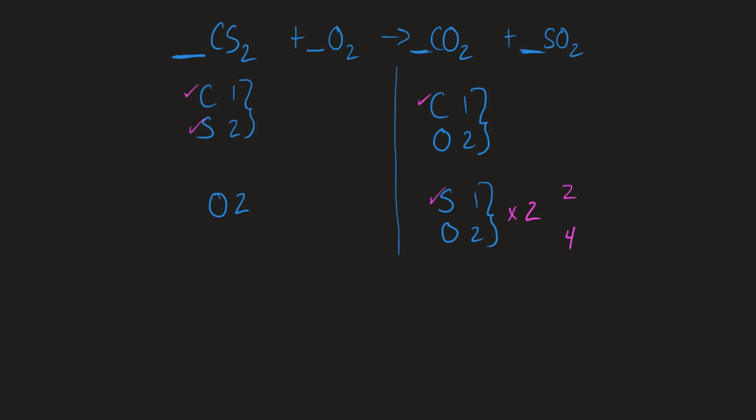If I have a total of 6, that means I probably am going to need a coefficient of 3 here to get me 6 oxygen on the left side. So now when I put the coefficients in, I'm going to put the 3 and the 2 in. The 3 goes up here with the oxygen, and the 2 goes up here in front of the sulfur dioxide, and now I have balanced that equation.